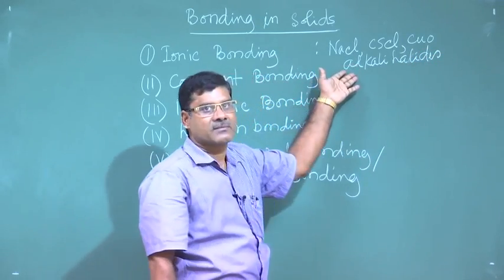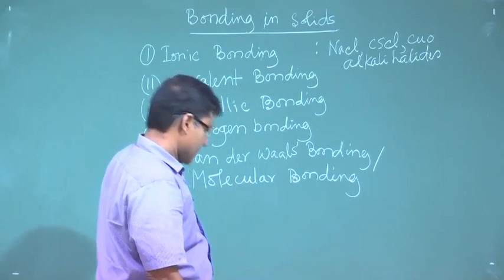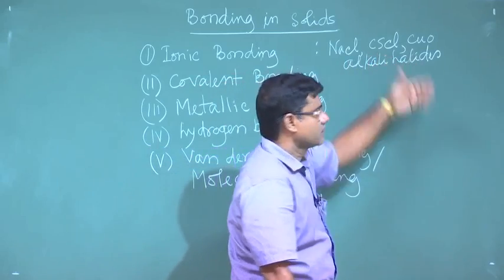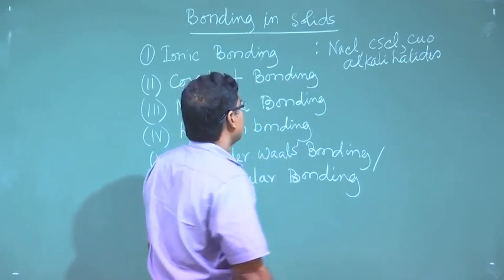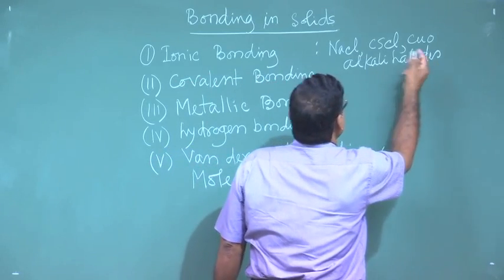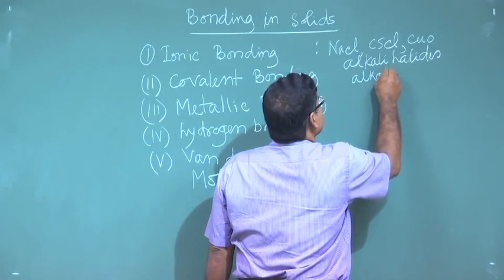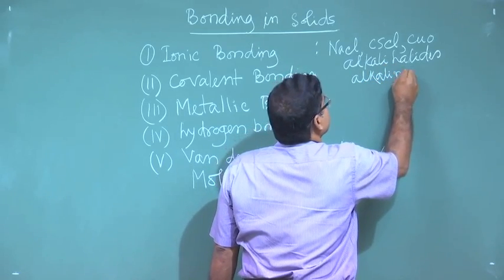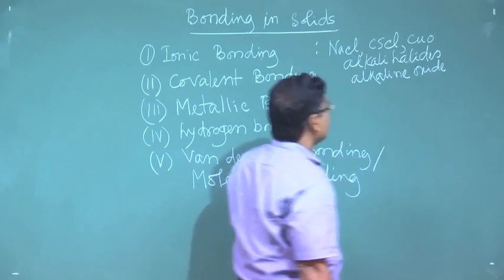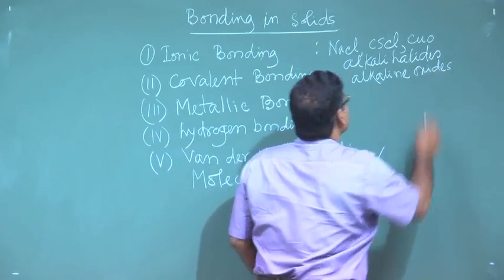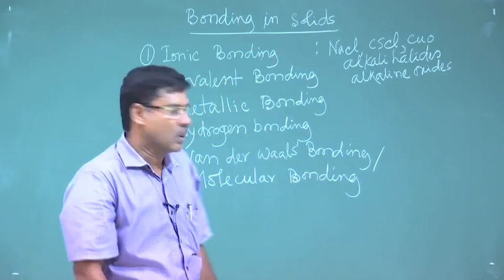Alkali atoms are lithium, sodium, potassium. Halides are fluorine, chlorine, iodine, right. So, all halides and alkaline oxide materials generally have this ionic character, ionic bonding.